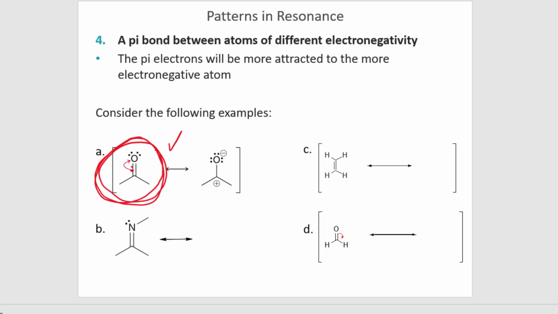Let's contrast that to example D, where the electrons are being shown going away from the oxygen. When you're drawing resonance contributors, the charges that form should align with the dipole, because the two atoms have differences in electronegativity.